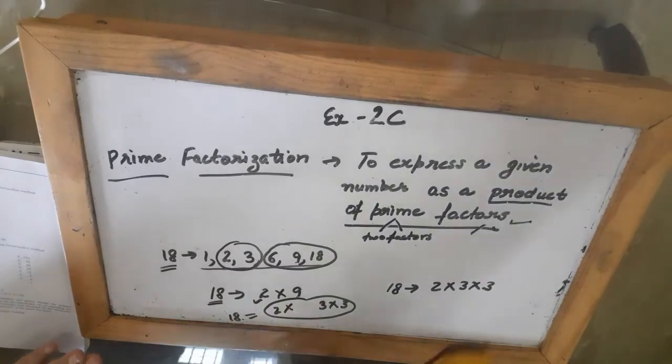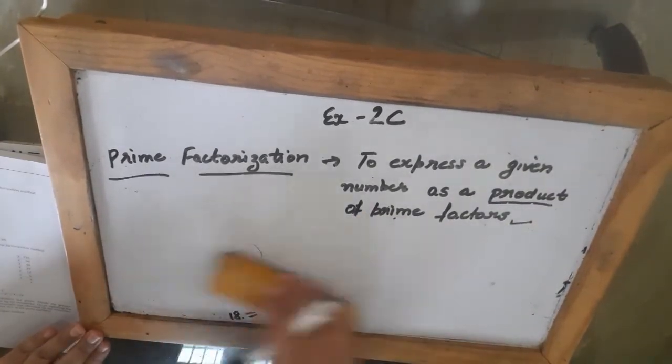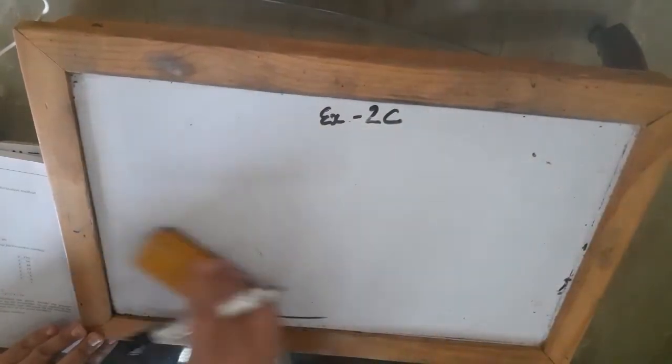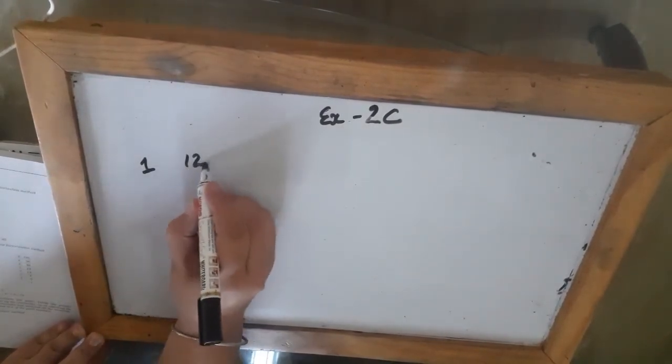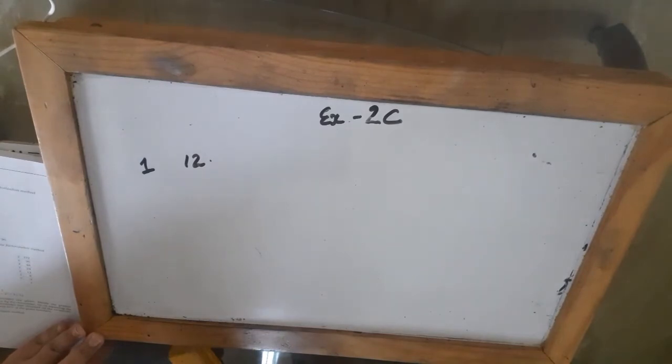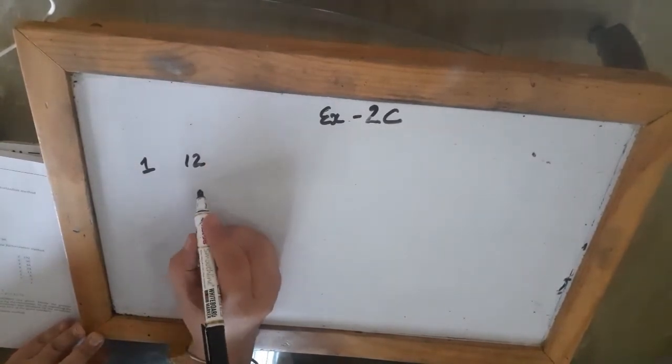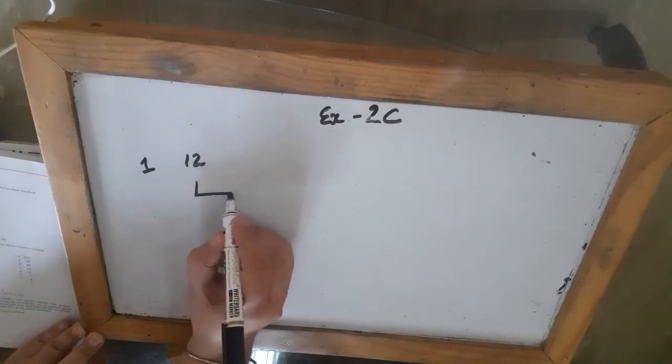So now I'll start with the exercise 2C. In the first part, they have asked you to find the factors of 12, using only prime factorization.